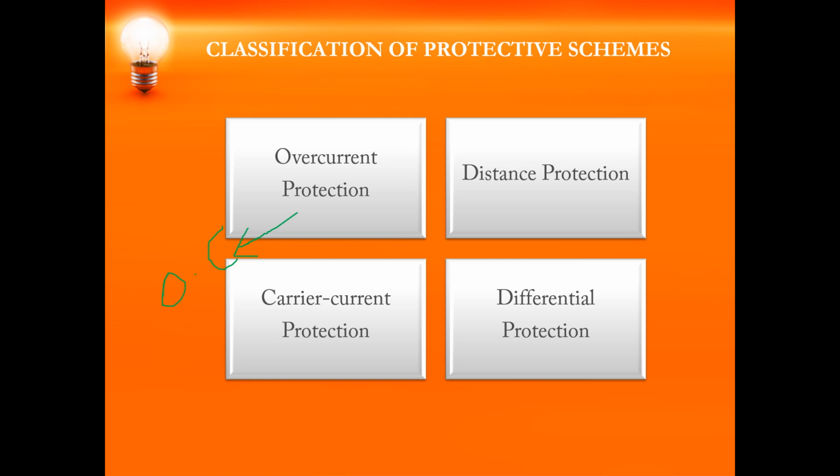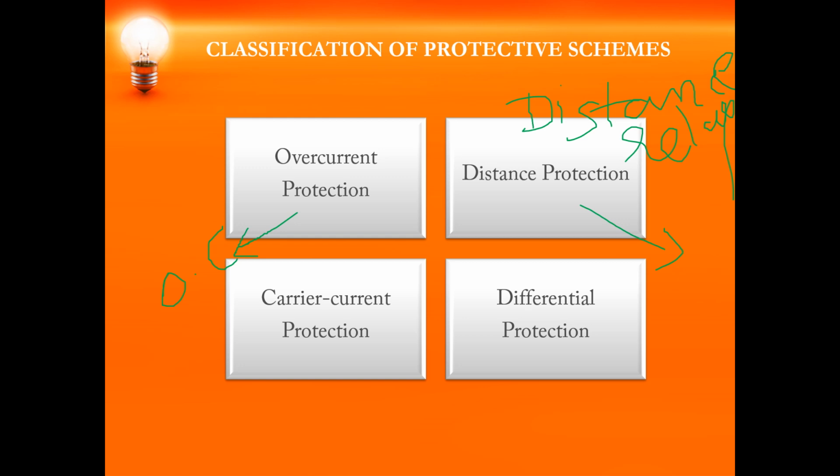It has numerous distance relays. A distance relay measures the distance between the relay location and the fault location, in terms of impedance or reactance. If the fault lies within the protected zone, the relay is going to operate.